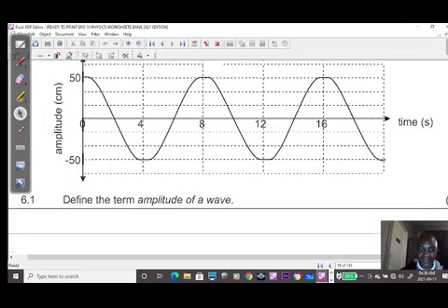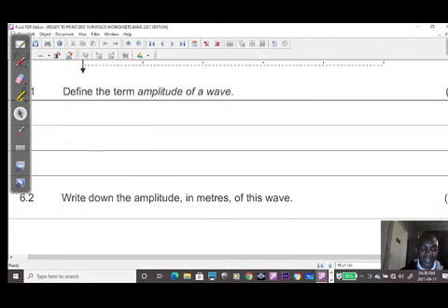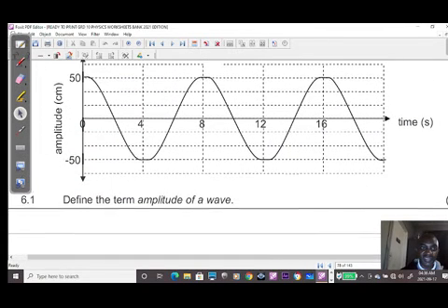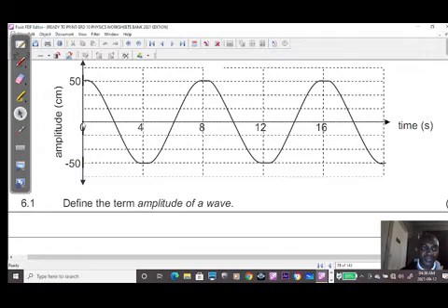Next question. They said write down the amplitude in meters of this wave. So what is its amplitude? As you can see, from 0 up to here it is 50, so this is 50 centimeters. Now I must convert from centimeters to meters.